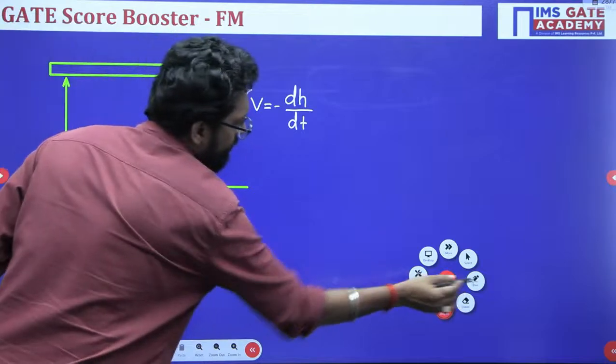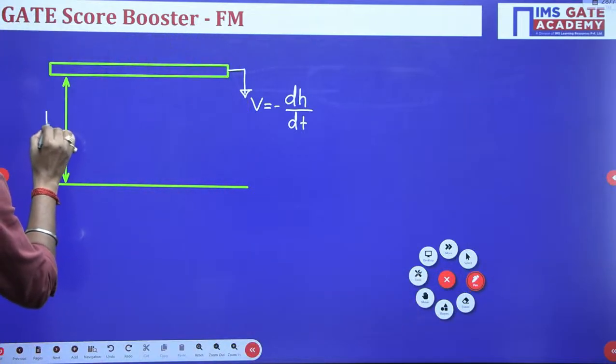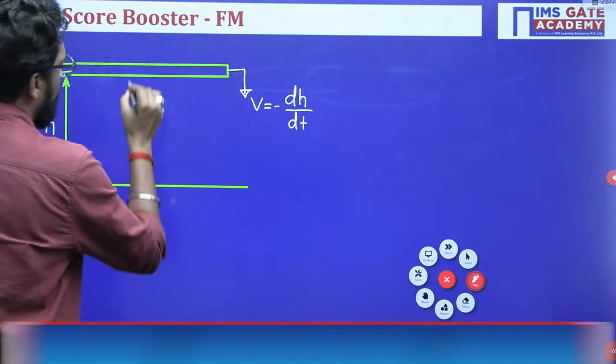This is your gap H. This is a center line.